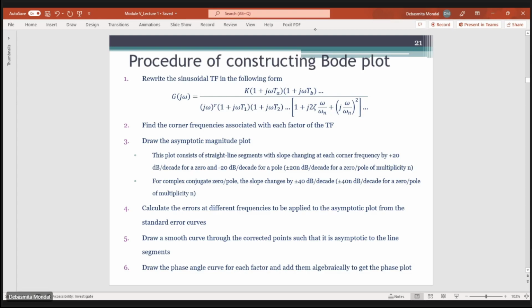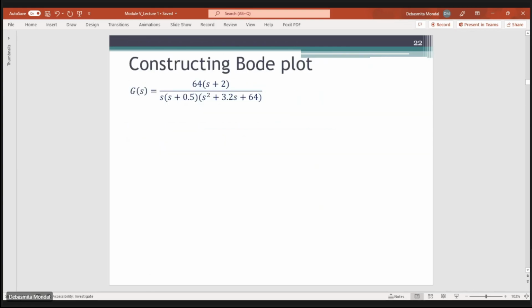Similarly for the phase angle plot, you find the phase plot for each individual factor and then add them up algebraically to get the final phase plot. Let's try an example, then this will be much clearer to you.